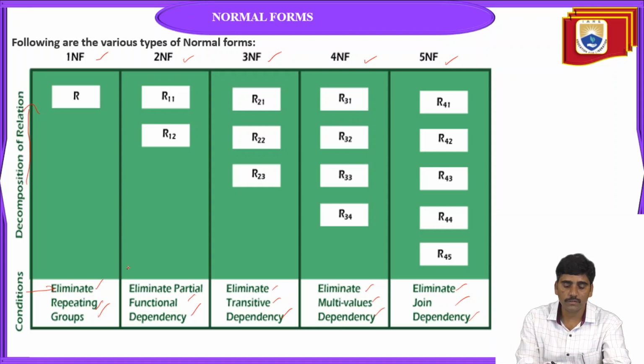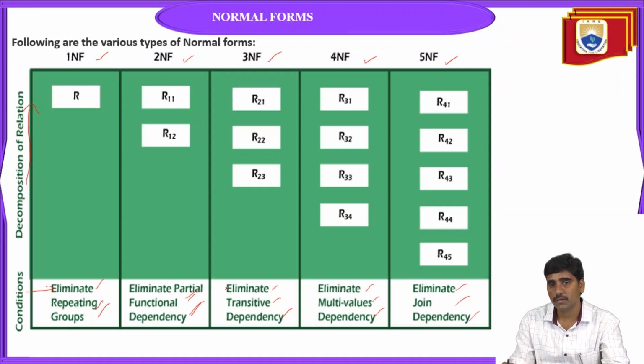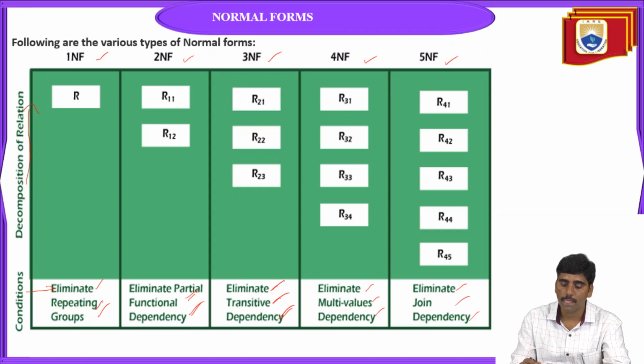So the types of conditions or constraints for normal forms: on first normal form, the constraint is to eliminate repeating groups. On second normal form, eliminate partial functional dependency. On third normal form, eliminate transitive dependency. For fourth normal form, eliminate multi-valued dependency.